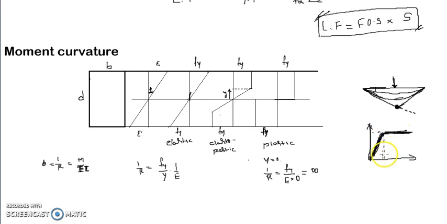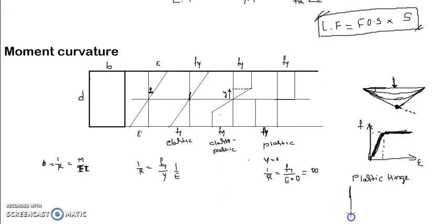This is the meaning of plastic hinge. This is F and epsilon, the same thing.